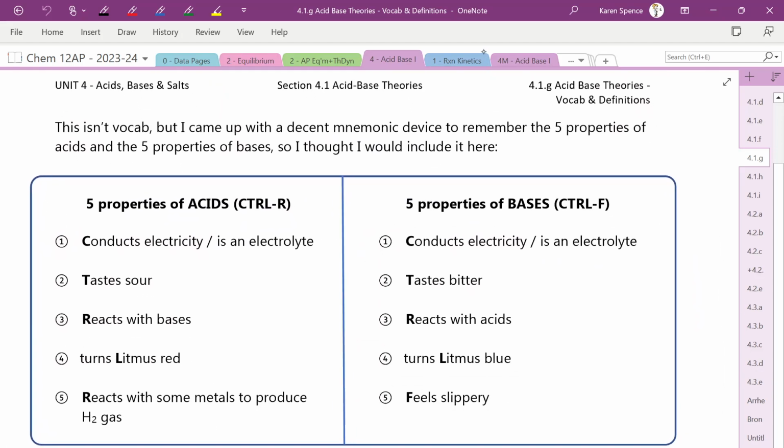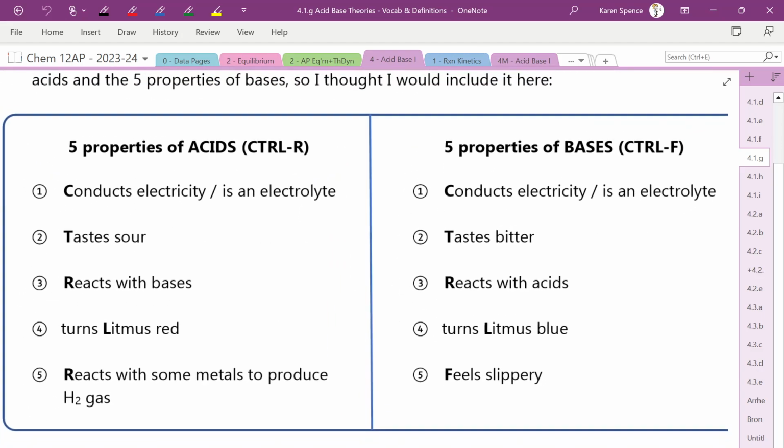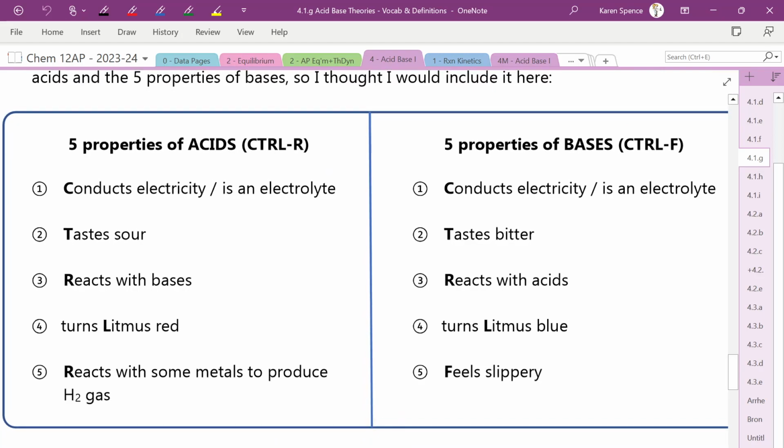Page 53. Properties of acids: C, T, R, L, R. C, conducts electricity. T, taste. Sour. R, reacts. L, litmus. And so that's going to be the same for both the acids and the bases.